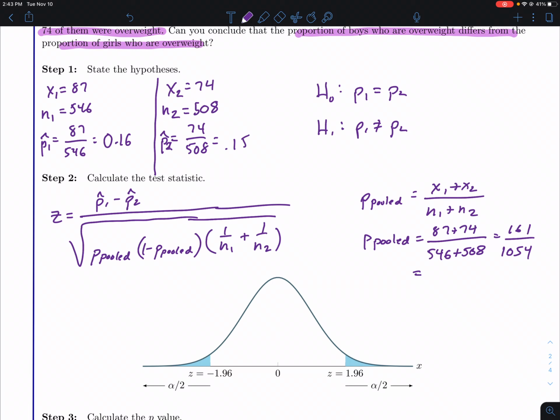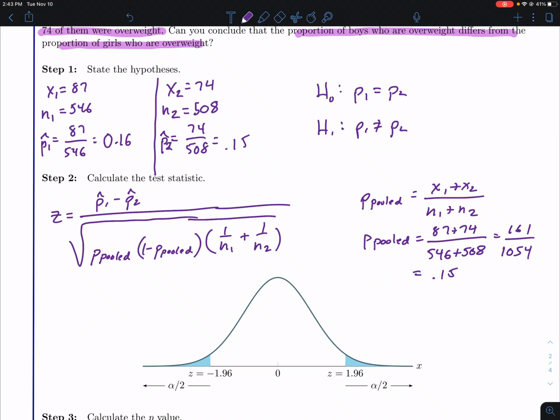And then calculating 161 divided by 1054, looks like we're going to get 0.153 in this case. So I was going to leave it as 0.15. We'll see how bad this could be with rounding.